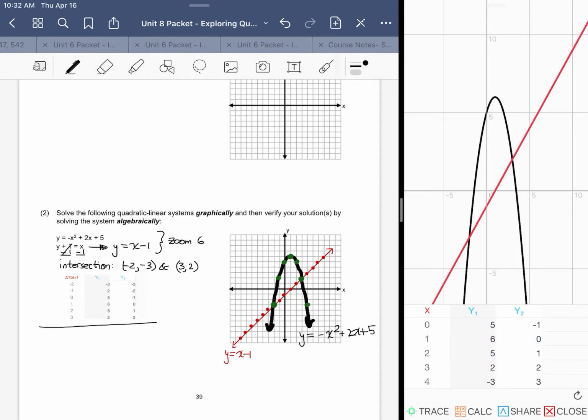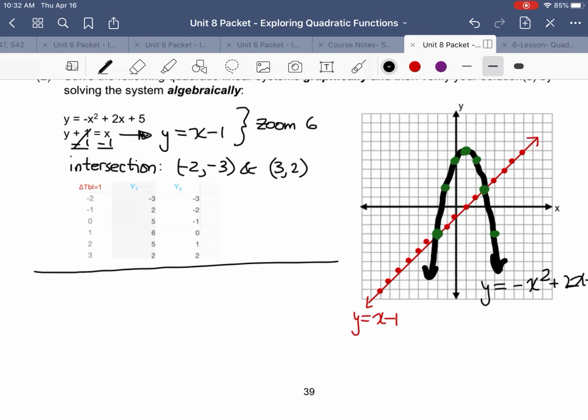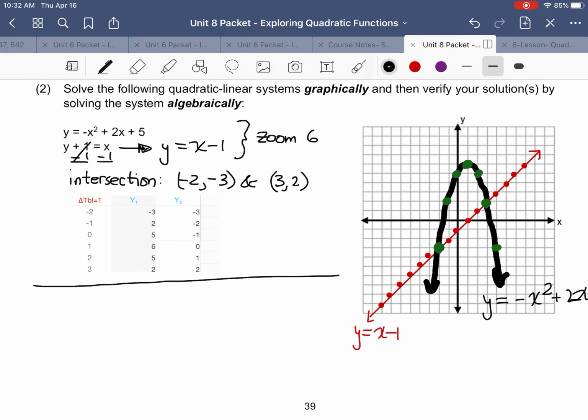The graphical solution, the algebraic solution. I don't need my calculator anymore. We're going to use the substitution method. I'm going to go back to scratch here. I'm going to rewrite the second equation slightly, ever so slightly, as x equals y plus 1.